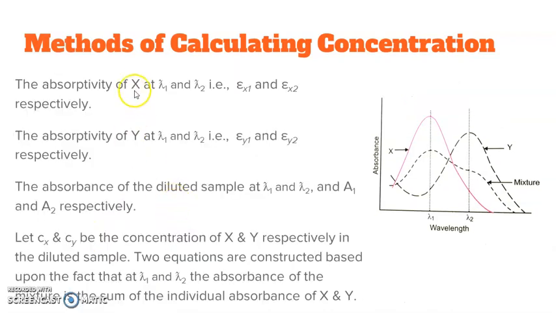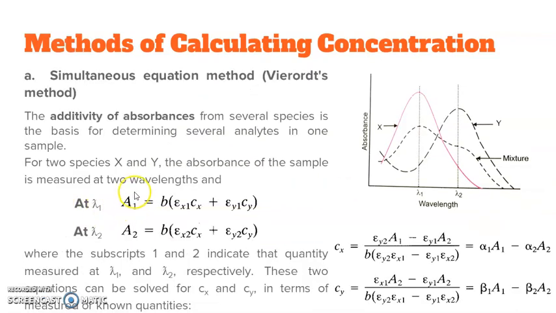X is one particular drug whose molar absorptivity at lambda 1 and lambda 2 is epsilon x1 and epsilon x2. Similarly, for drug Y, at lambda 1 and 2, it is epsilon y1 and epsilon y2. The absorbances of the diluted samples at lambda 1 and lambda 2 are A1 and A2 respectively.